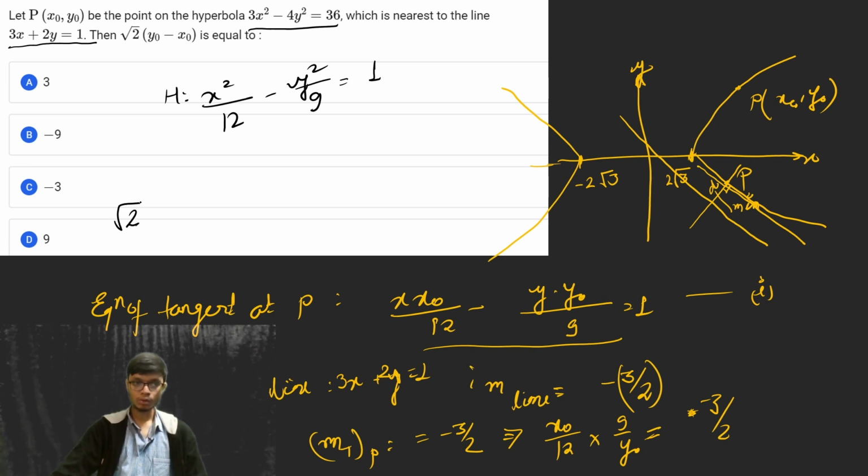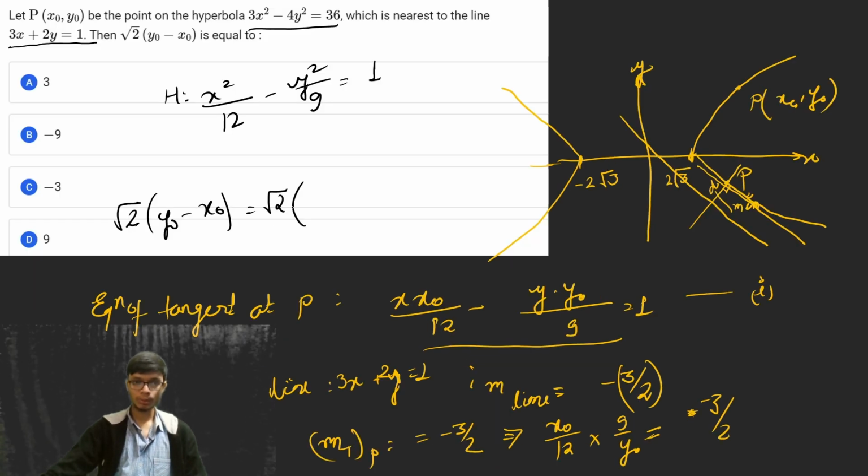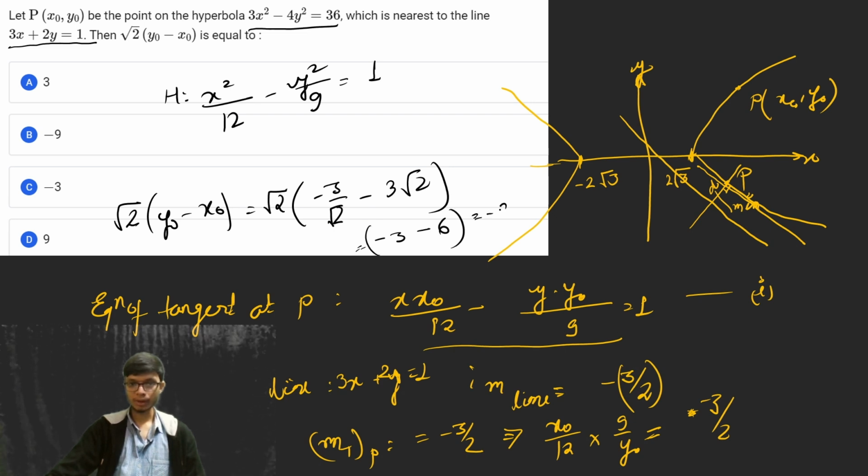That is √2 into (−3/√2 − 3√2). If you multiply by √2, this result will be −3 − 6, so the result will come out as −9.